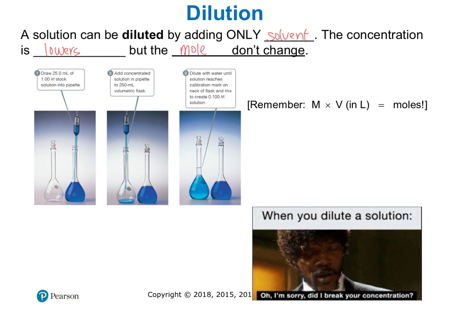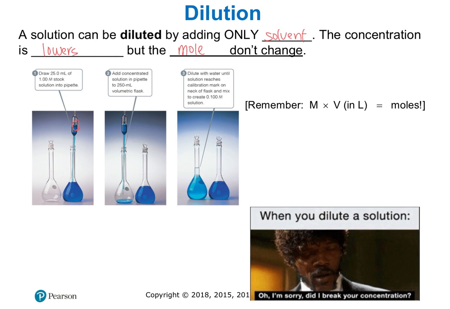So if I pull out, looks like I'm pulling out, probably 25 milliliters of my original solution, the amount of moles of that solution that I'm putting into this flask are going to stay the same. But now I'm going to dilute it with more of my solvent, and so the moles that were originally in this flask are going to remain the same. I didn't have a chemical reaction or anything.